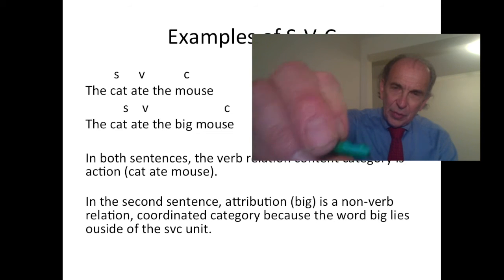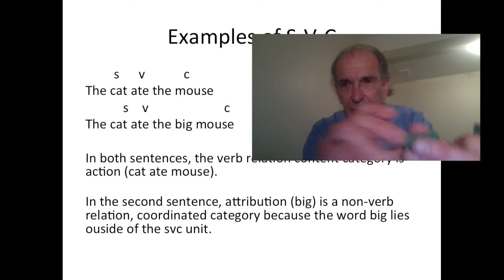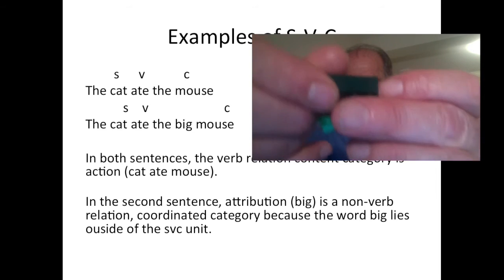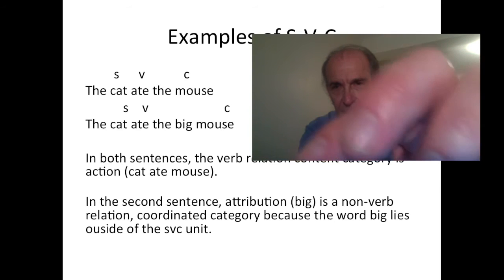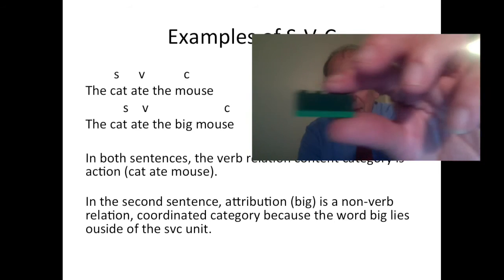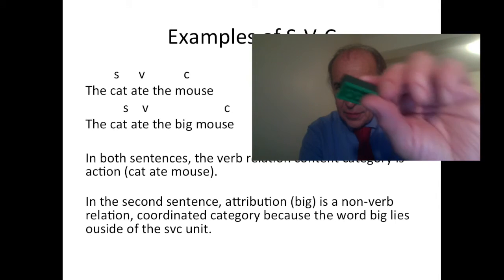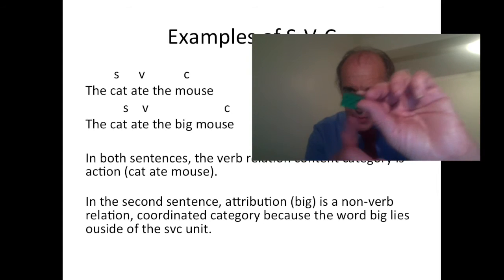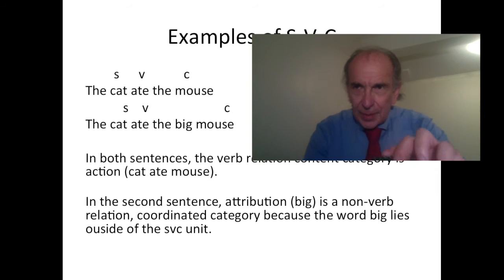And anything else we want to build, that is, add to it, we will add onto the unit, and it will be a non-verb relation unit piece. So if I want to make whatever I'm making here, you see, I clip it onto the unit, but the unit initially is what it is. And in language, that initial unit is SVC. Okay?